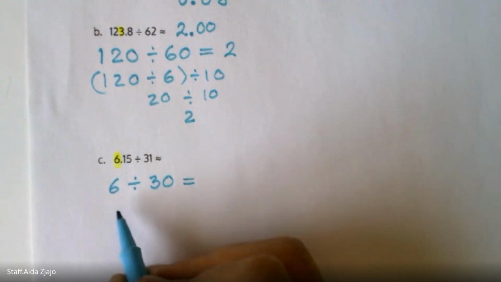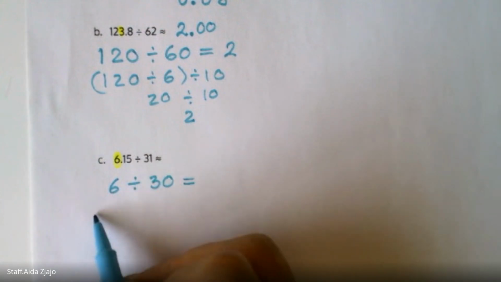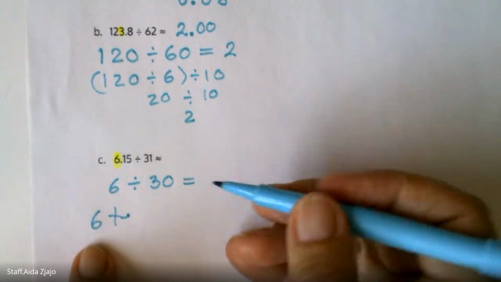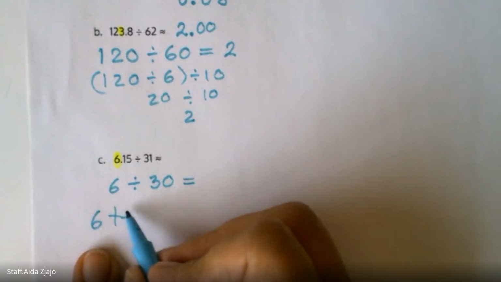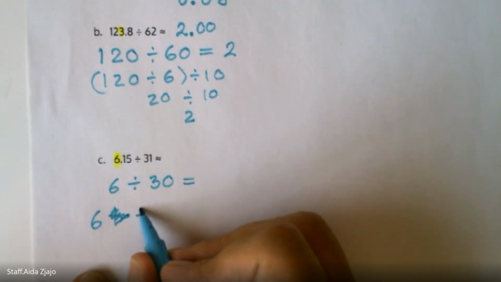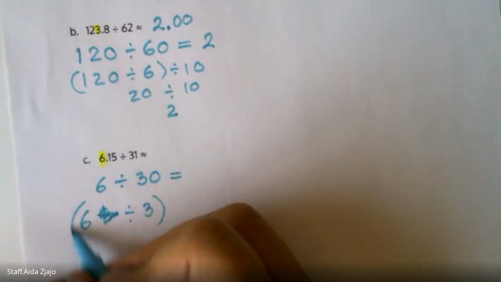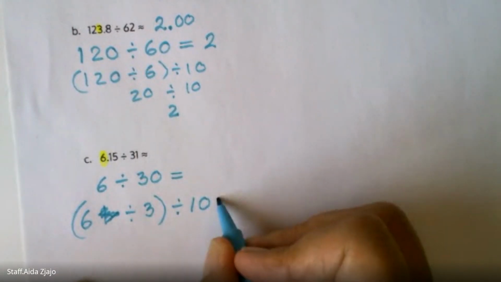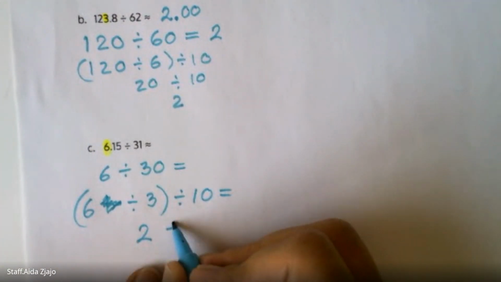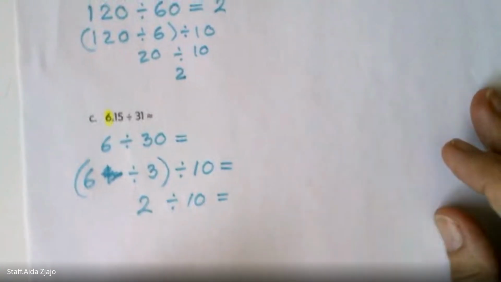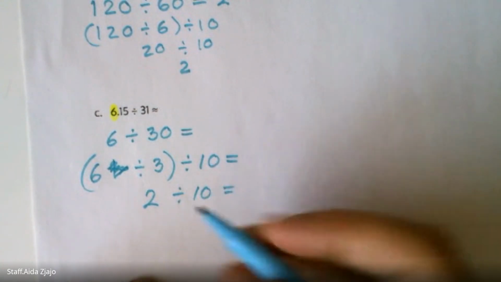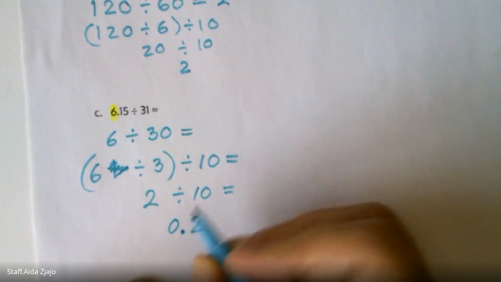Oh, sorry. I didn't mean to say that. I'm meaning to say 6 divided by 3, and then divide by 10 again. So 6 divided by 3 is 2, and then divide by 10. Now, if $2 gets 10 times smaller, it will become 0.2.